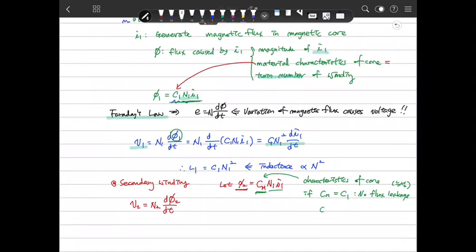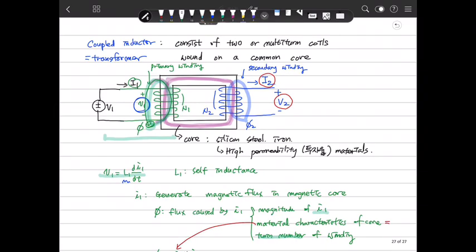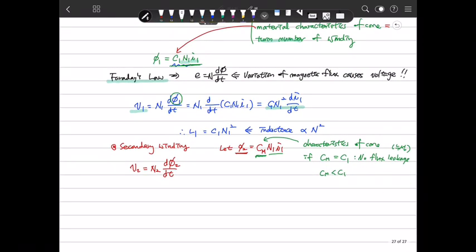But generally, Cm is smaller than C1. Why? The C1 generates the phi one, but among them, only some part of the flux is coupled in the secondary winding. So we need to distinguish the Cm.